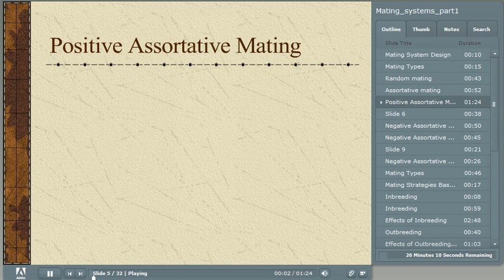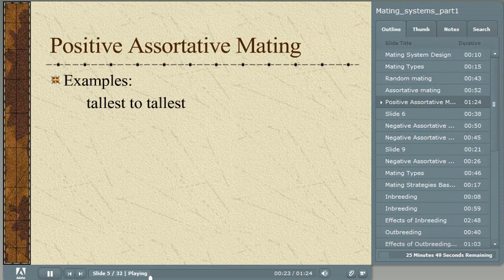So let's talk a little bit more about positive assortative mating. And remember, that's when we're mating animals that perform very similarly for the traits we're interested in improving. We're mating like performing to like performing. To give you some examples, if we're looking to produce progeny that are extremely tall, we might mate the tallest bull to the tallest cow.